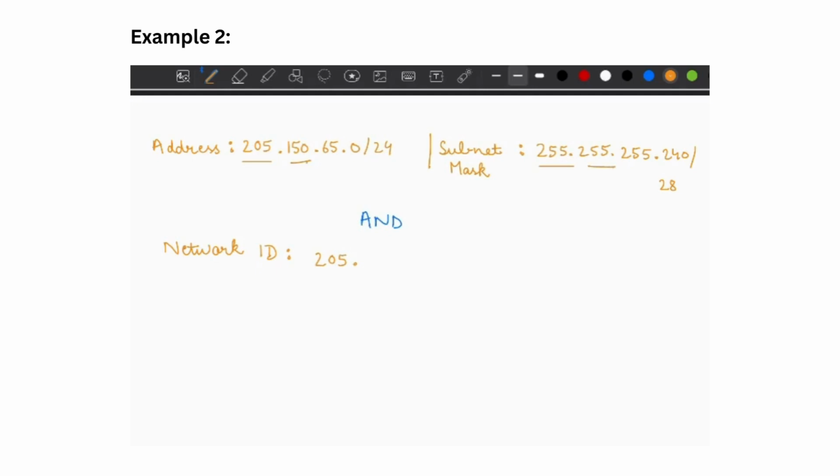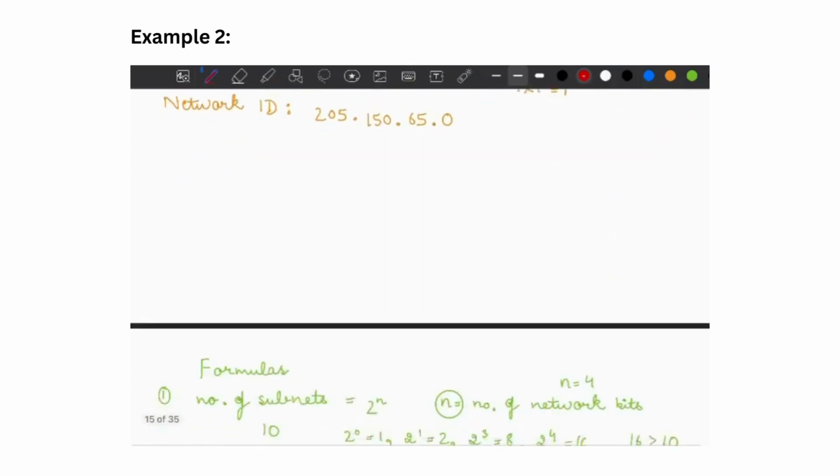Then 150 and 255 again all ones, so into 1 we'll again have 150, because 1 and 0 is 0 and 1 and 1 are 1. So again 65, and we have all ones again, it's going to be dot 65, and 0 and anything with 0 applied AND operator is going to be 0. So now we have the network ID with us, which is 205.150.65.0.